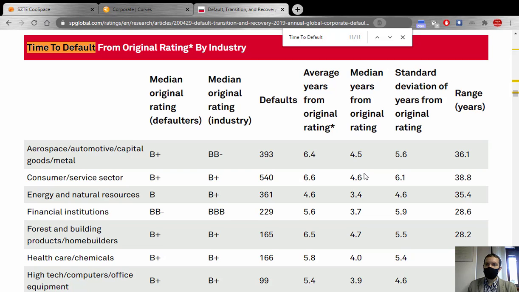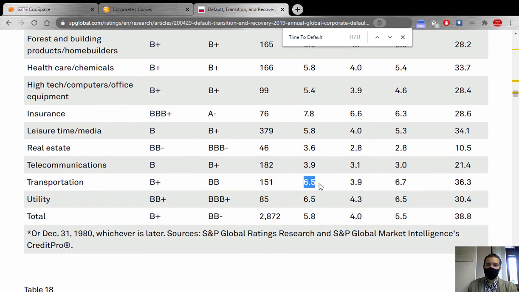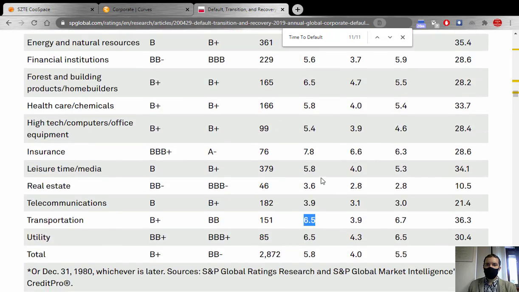Number of defaults. Let's say that we are using this. Median.